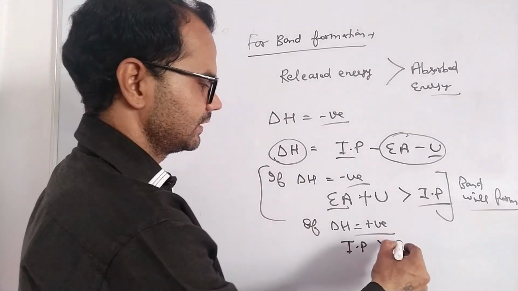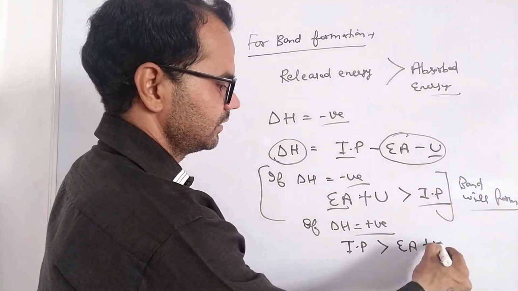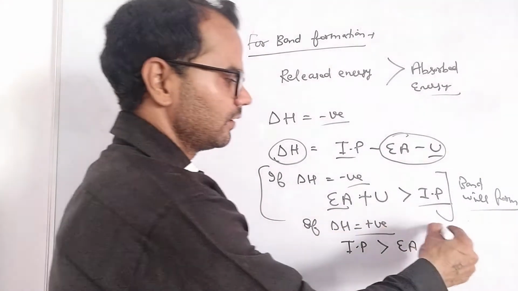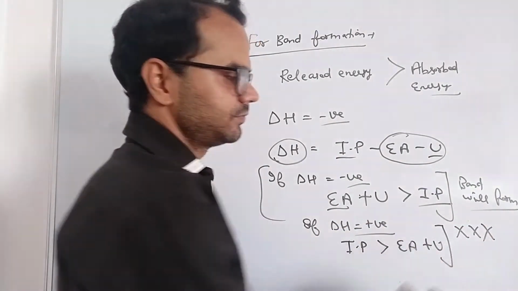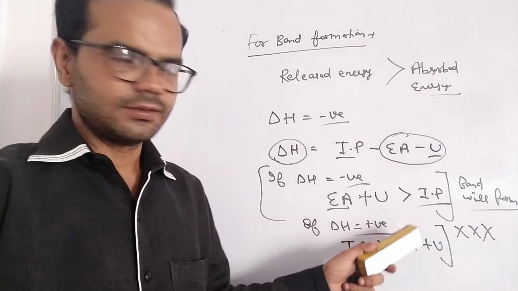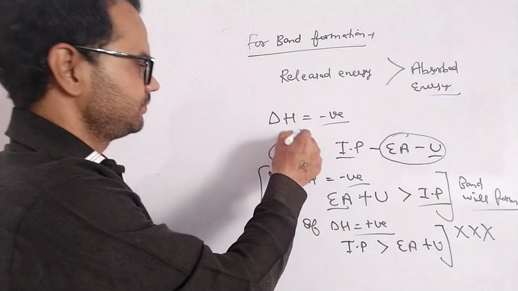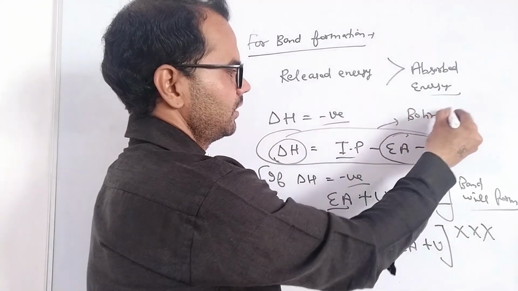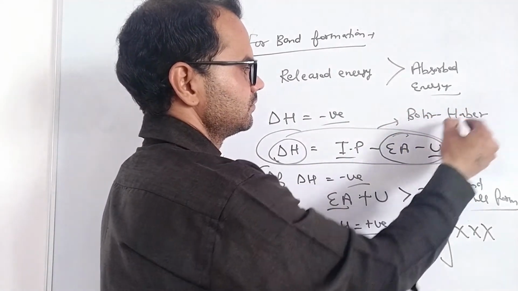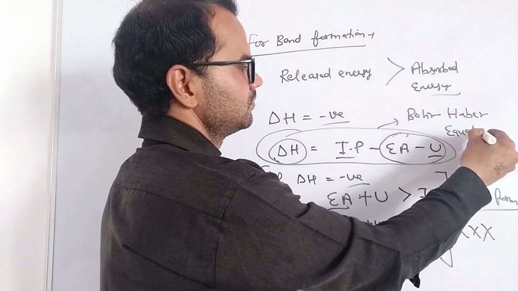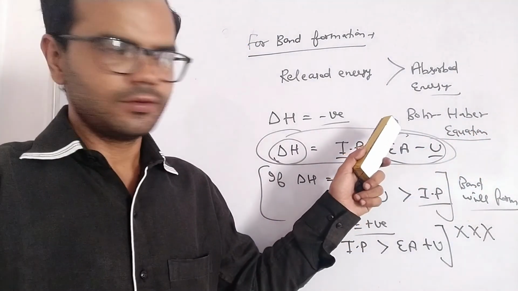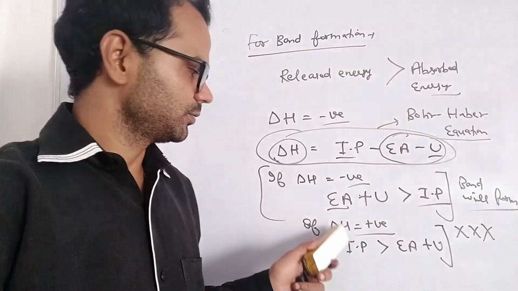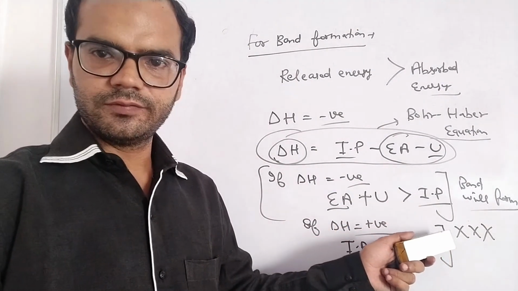Ionization potential is greater than electron affinity plus U. In this case, delta H is positive, bond will not form. Right? This equation is called the Born-Haber equation. If delta H is negative, then bond will form. If delta H is positive, bond will not form.